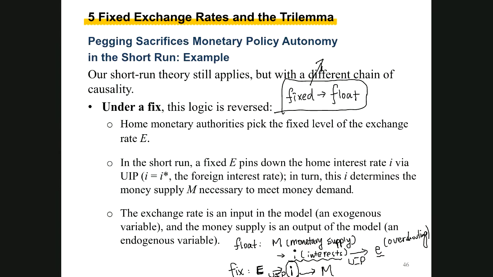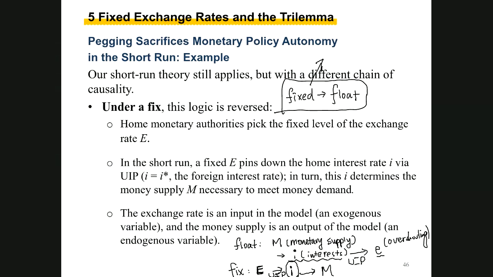He shorted the English pound before the central bank in the UK abolished the fixed exchange rate, because he expected that the British pound would depreciate in a short period of time. So he shorted, and he gained his fame and a lot of money at the time.